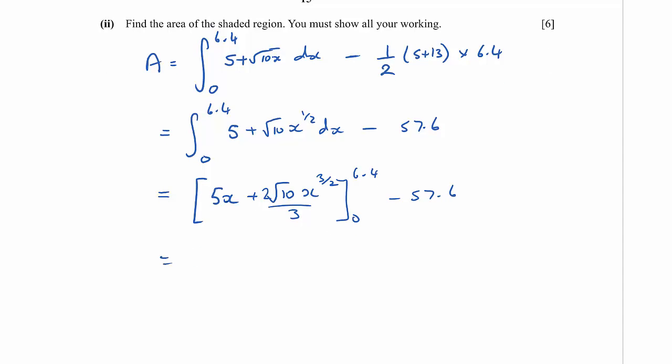And with the 0, that's just going to give us 0, so it only really matters when we substitute the 6.4 in. 5 times 6.4, well, we know that one is 32. We've come across that a few times in doing the question. And then we've got 2 times root 10 times 6.4 to the 3 over 2 over 3. Take away 57.6, and I think I'm just going to do that on a calculator.